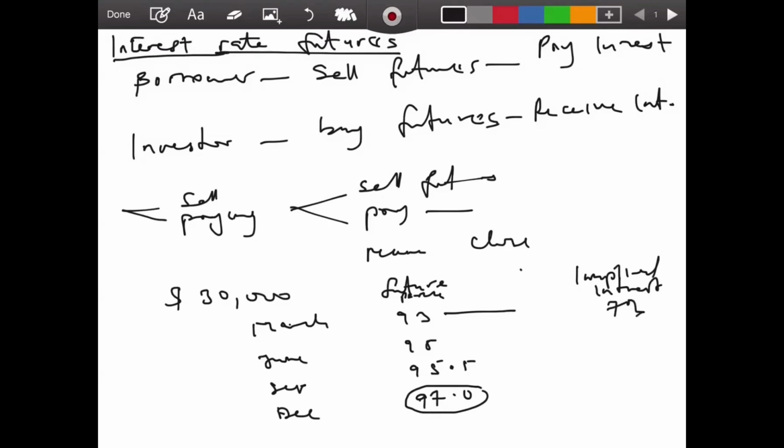If the future price is 95, which is 100 minus 95, this will be 5%. And this will be 100 minus 95.5, that will be 4.5%.